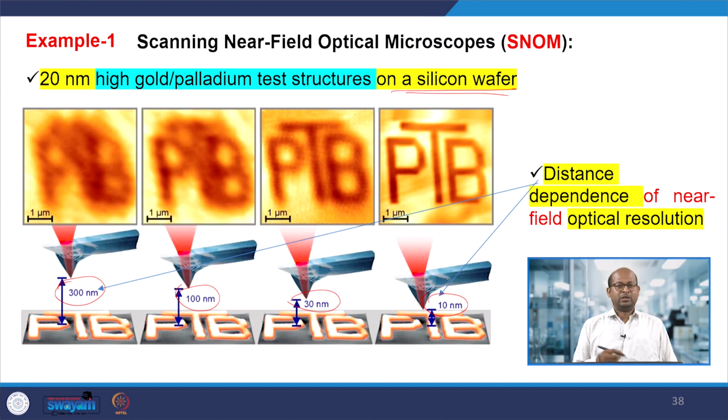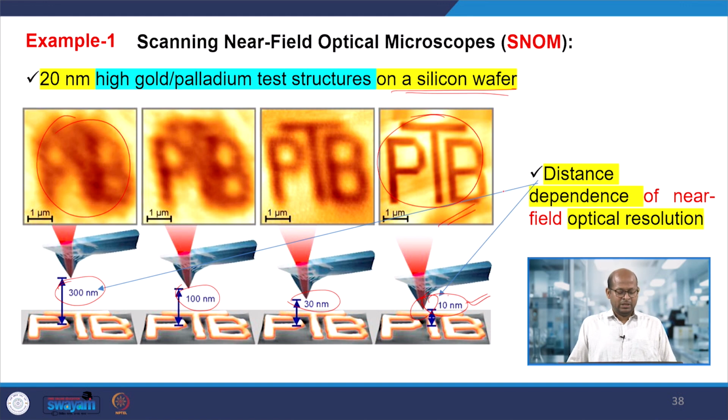If the distance between the tip and the sample surface is large, the resolution will not be good. When the tip and the sample surface are very close to each other, close to 10 nanometers, we can get good resolution.